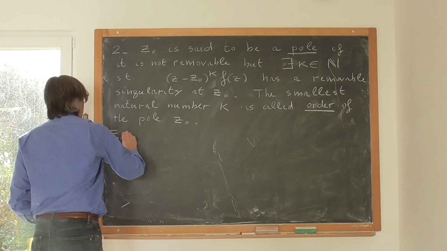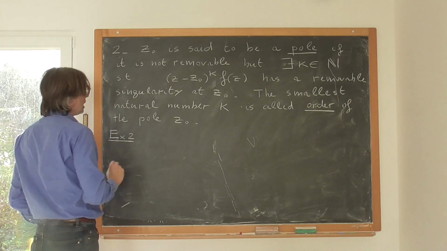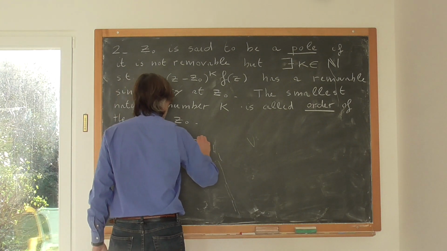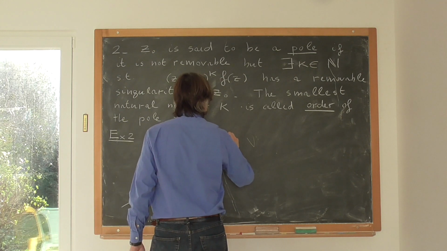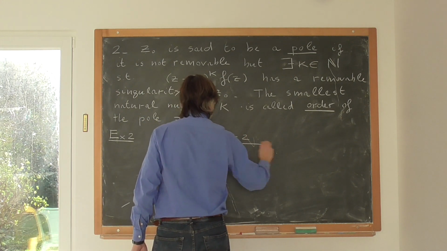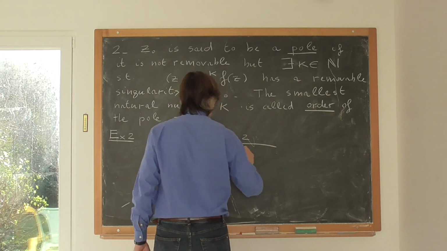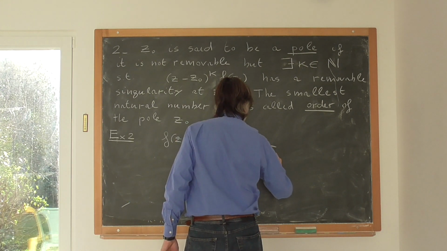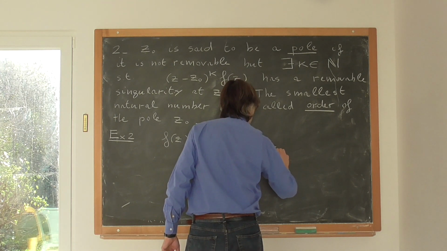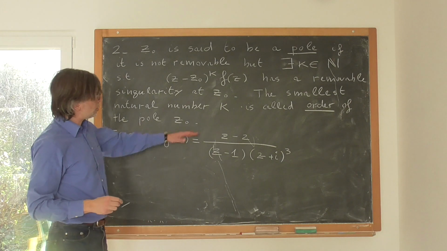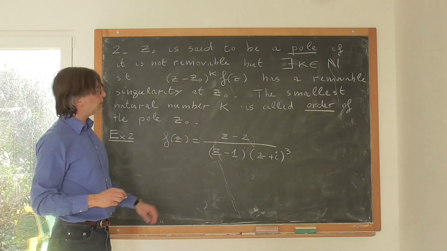So here is our example 2. Let's consider a rational function. For instance, f of z equals z minus 2 divided by z minus 1 times z plus i to the power 3. Okay, so this is a rational function. It's the quotient between two polynomials.